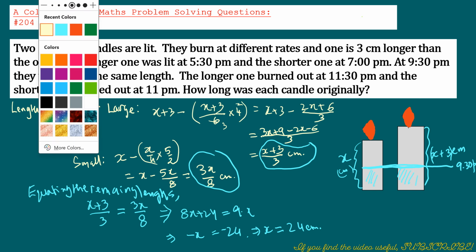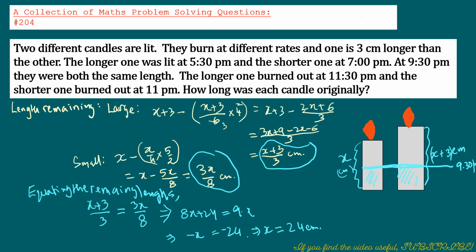So the small candle length will be 24 centimeters, and the large candle would be 24 plus 3, so that would be 27 centimeters, and that's the answer.